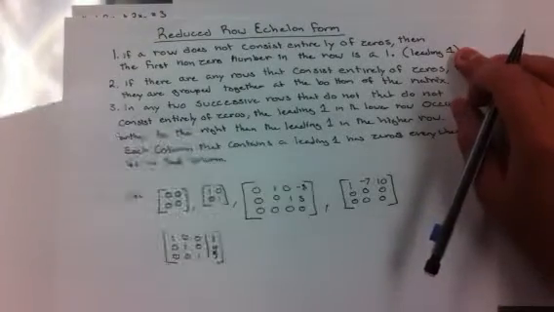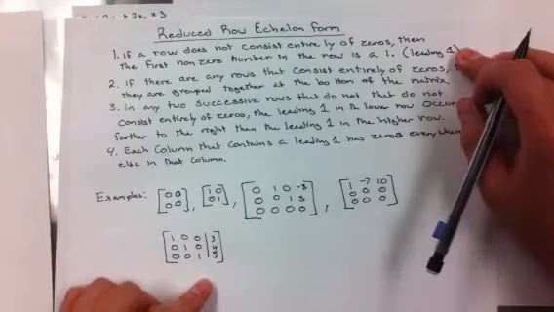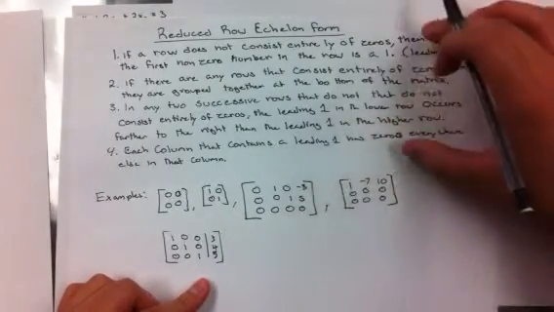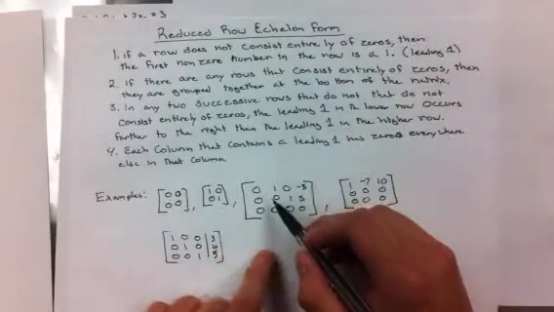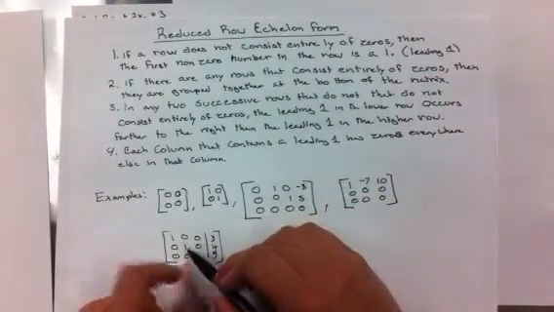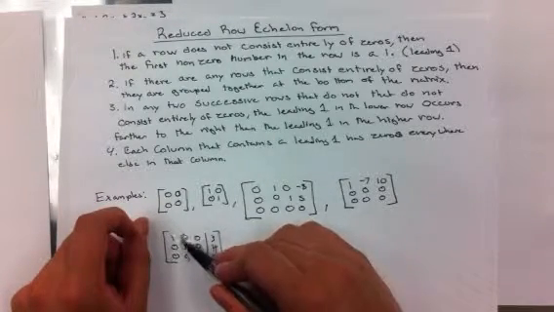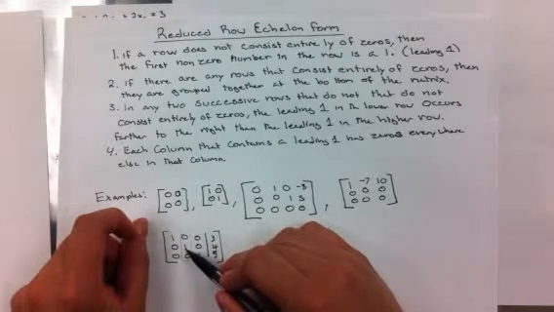And here are some examples of reduced row echelon forms. As you can see, each of these matrices follows these properties. For example, in this case the leading one's column is all 0 except for that 1.